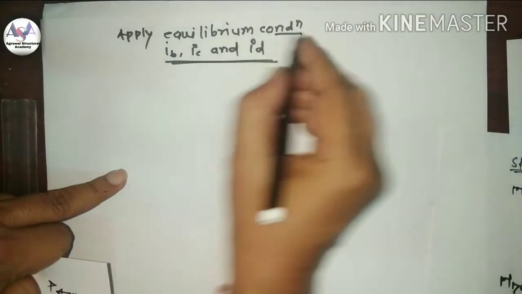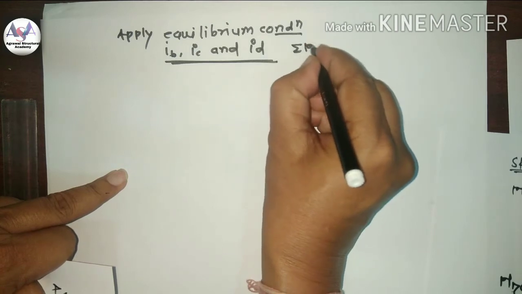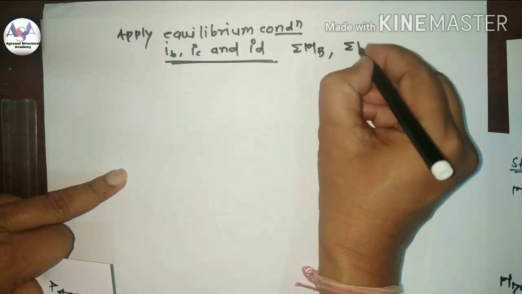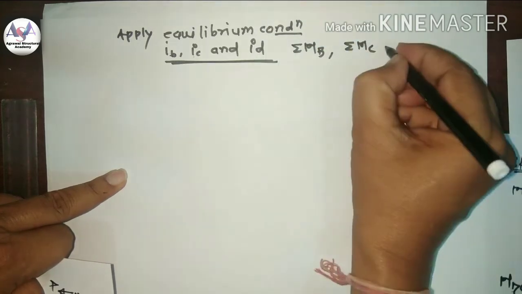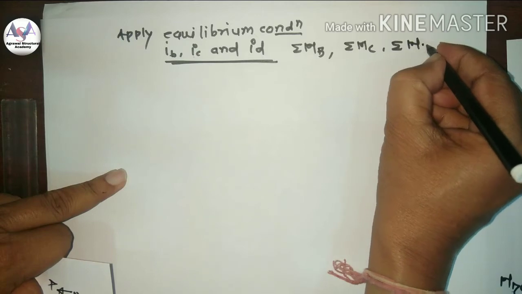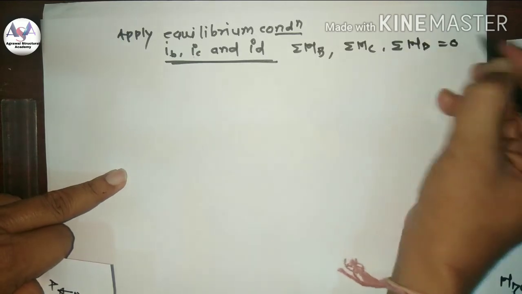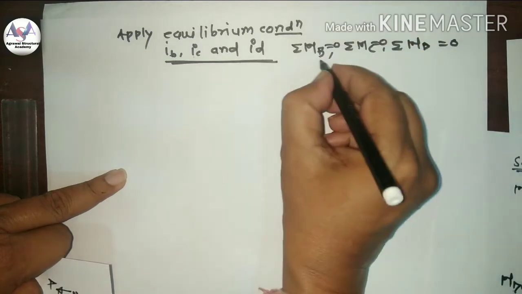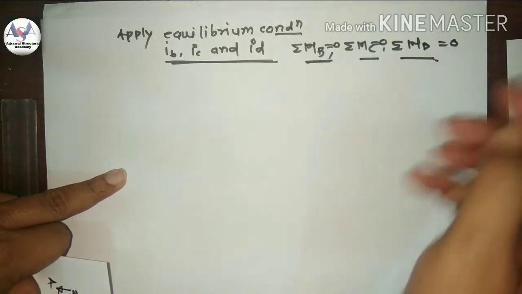So if it is IB, the condition is sigma MB. Then for IC, take sigma MC. For ID, take sigma MD is equal to 0. So in this way you have to take the three conditions.